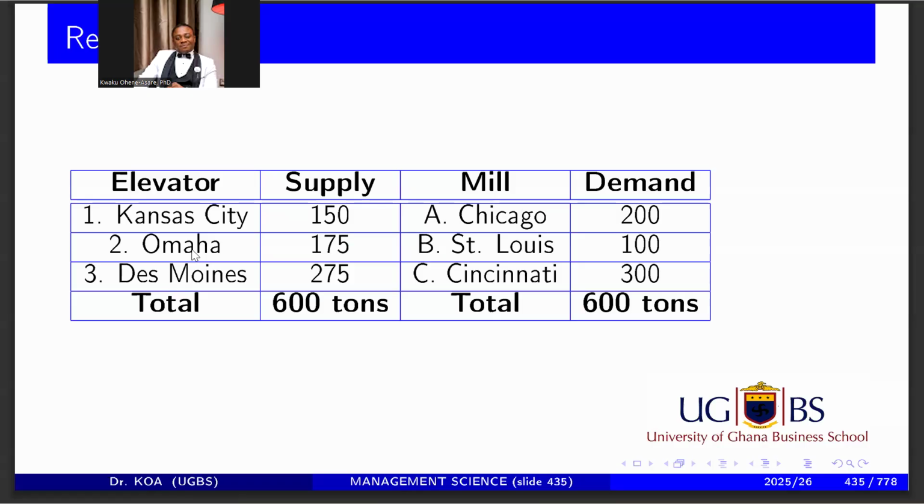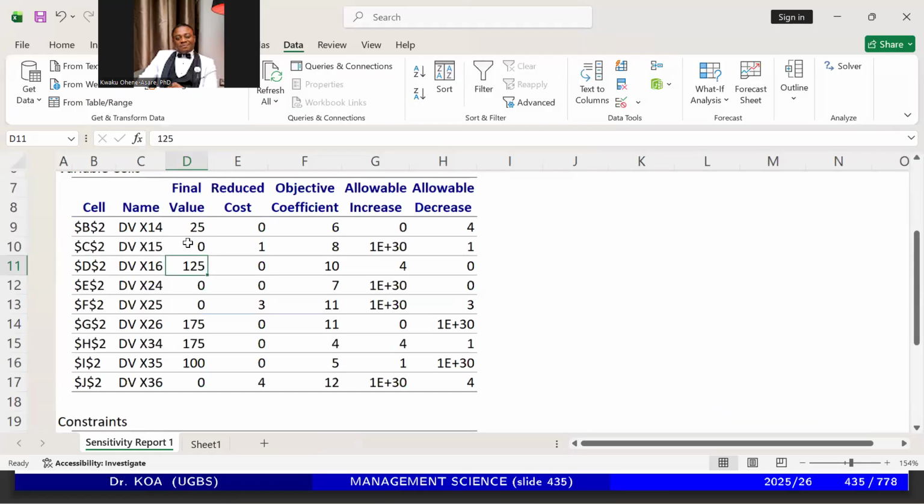Because remember, you are minimizing cost across all your demand and supply. So the optimum solution is for you to send 25 tons from Kansas City to Chicago, 125 tons from Kansas City to Cincinnati, and 175 tons from Omaha to number 6, which is Cincinnati.